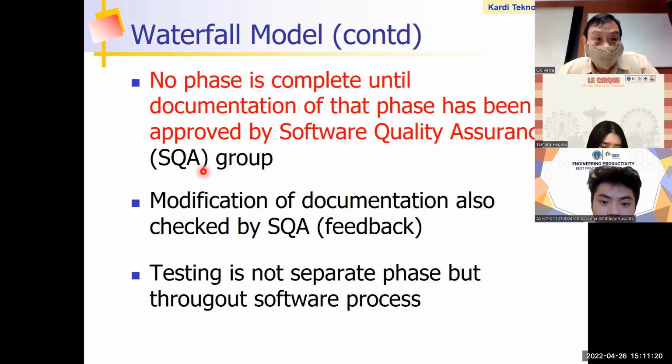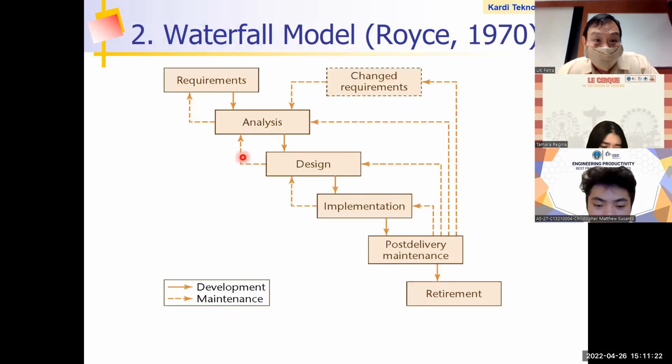There are several phases: the requirement phase, the analysis phase, the design. During the requirement, if the documentation is not approved, you cannot go to the analysis. That is what the waterfall model is about. It is fully documented, so you cannot go to the next phase until they approve.